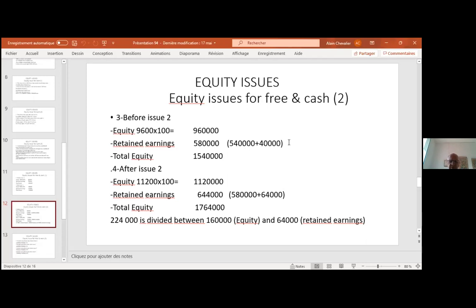So the total of the retained earnings now is equal to the initial number, 580,000, plus 64,000, which means that the total of retained earnings has increased from 580,000 to 644,000, just because we have this difference between the price obtained from the issue per share and the nominal value.